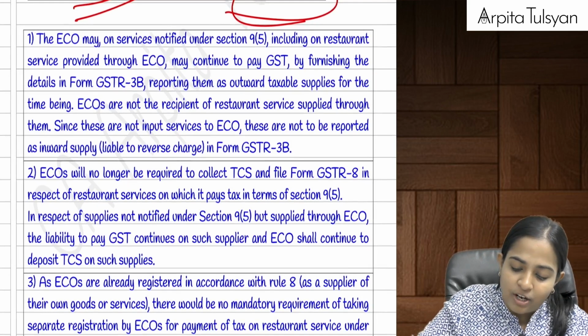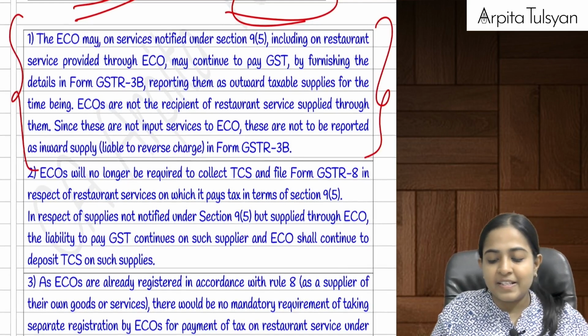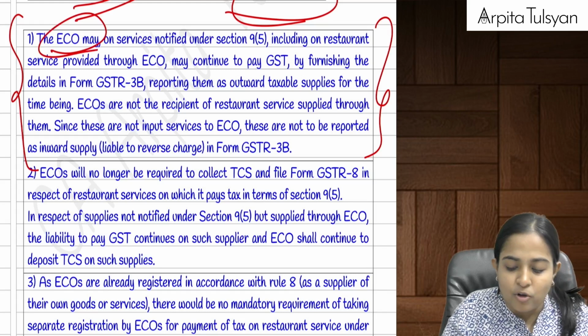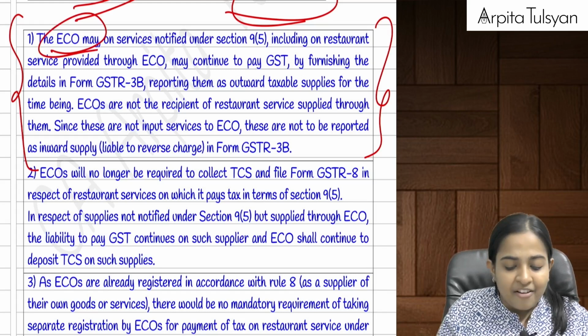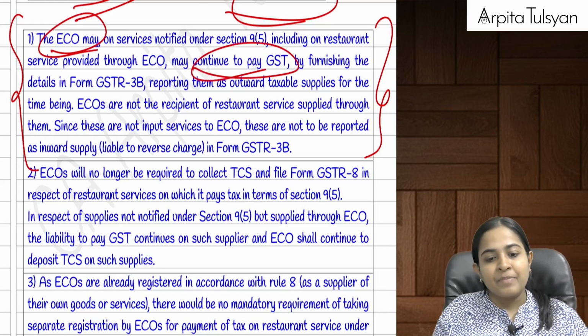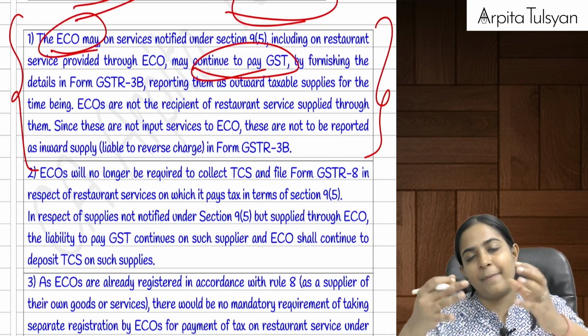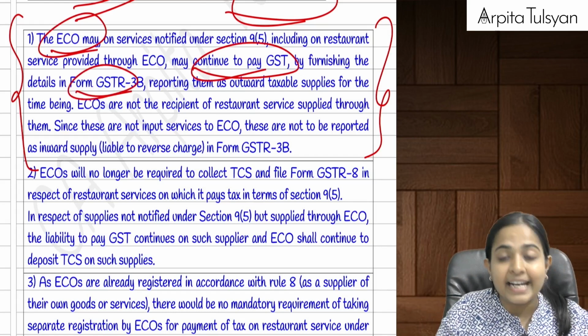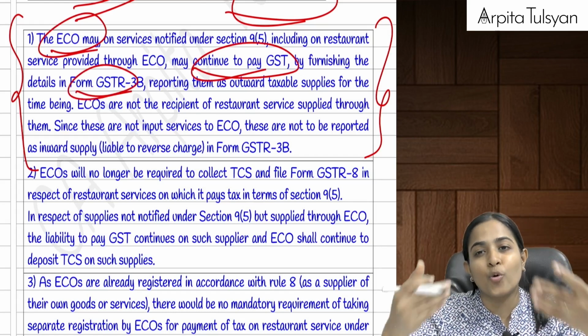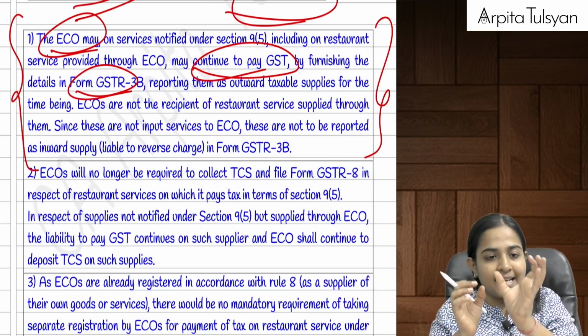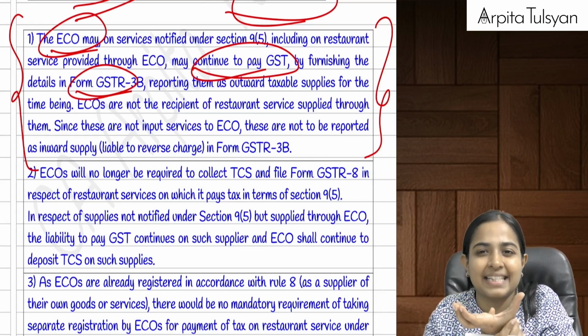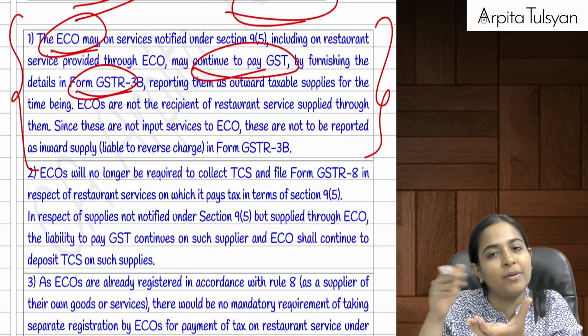Now see, what are they trying to tell us here? Can we say the e-commerce operator will be paying the GST? It will collect the taxes and pay the GST to the government. There will be some sales amount that it will have to show on which it will be paying the GST.